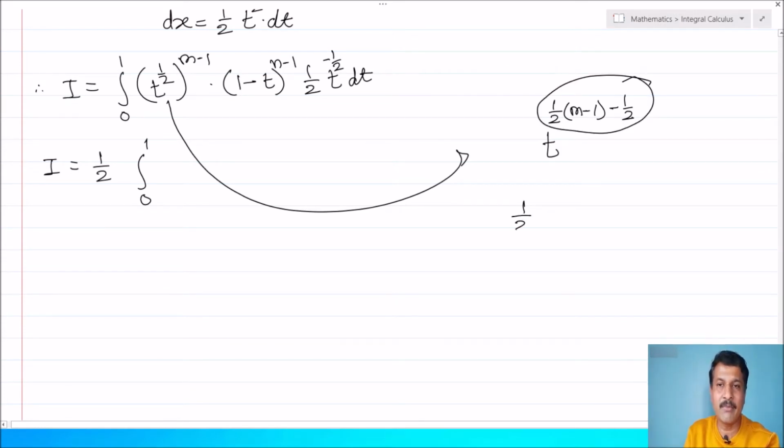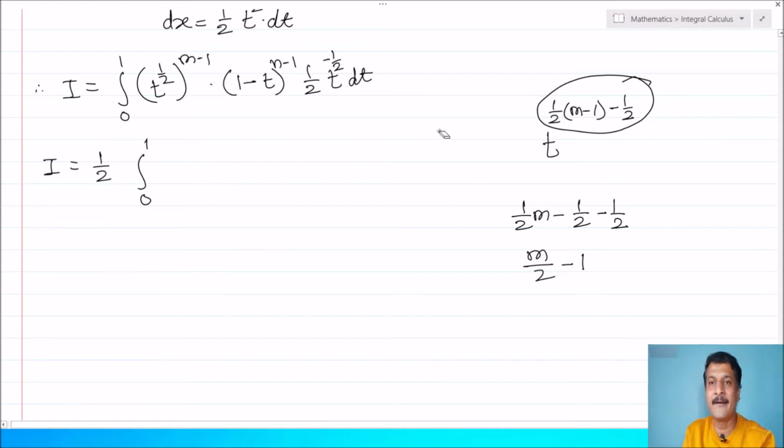It will be 1 by 2 m minus 1 by 2 minus 1 by 2. So it is m by 2 minus half minus half, which is m by 2 minus 1. That is why I am getting the power of t as m by 2 minus 1 into (1 minus t) raised to n minus 1 into dt.